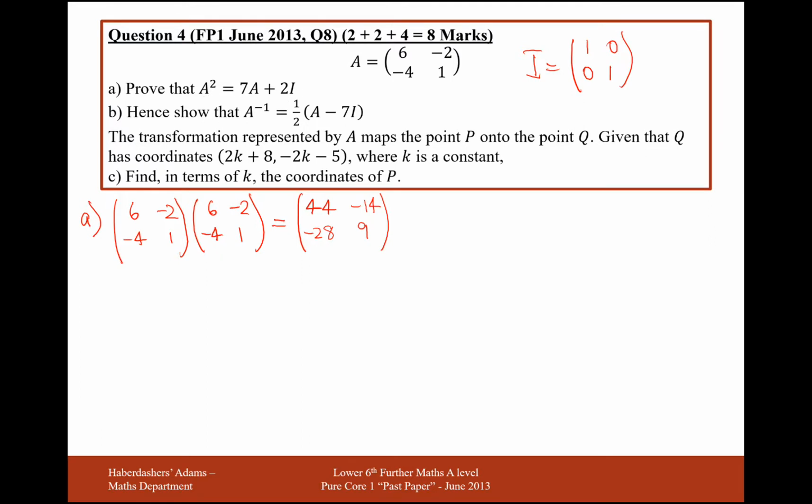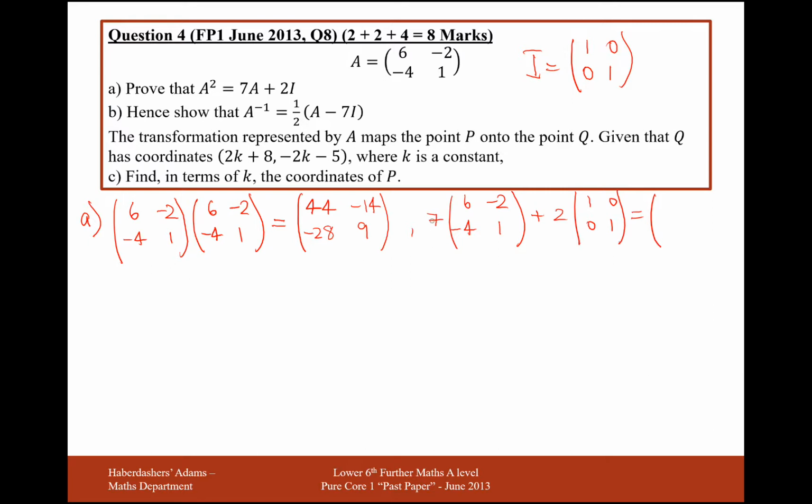Now what I need to do is check that that will equal the right hand side. So what I mean by 7 times this matrix A is that 7 is going to multiply all of the cells inside this matrix. And then we're going to add that on to 2 times the cells inside the second matrix, 1, 0, 0, 1.